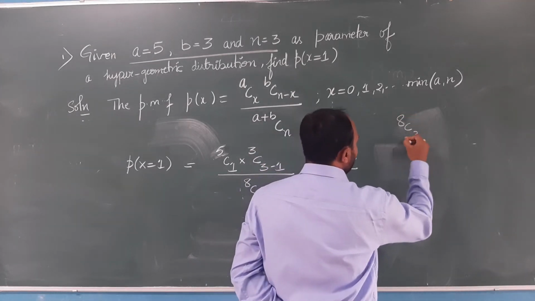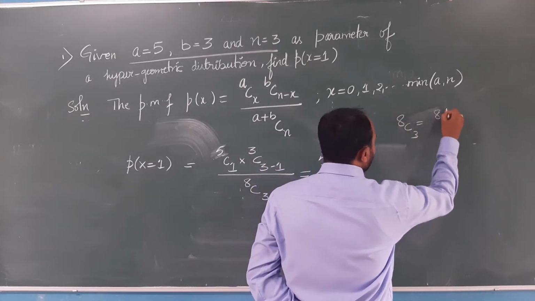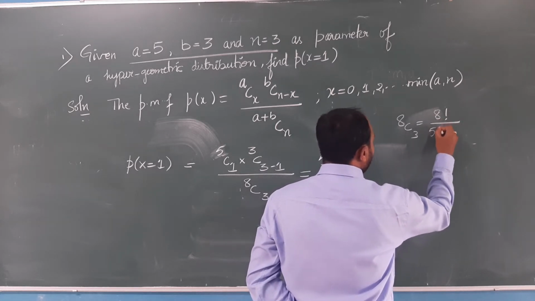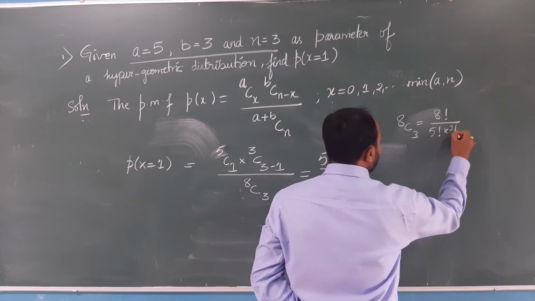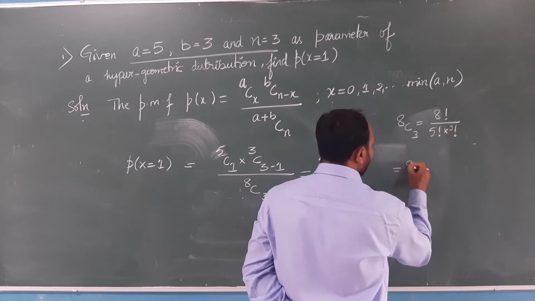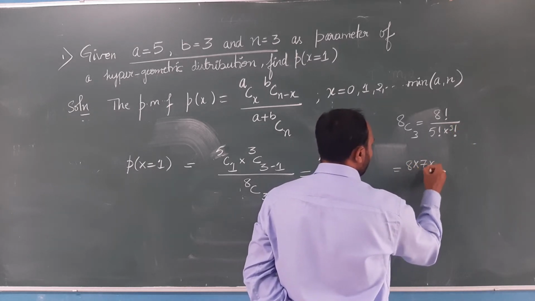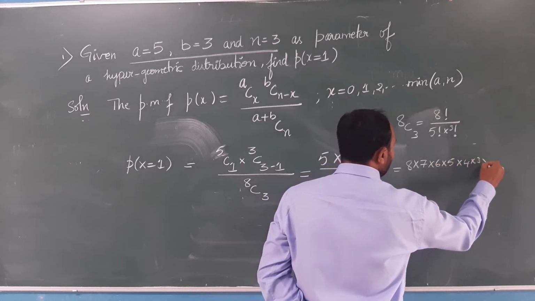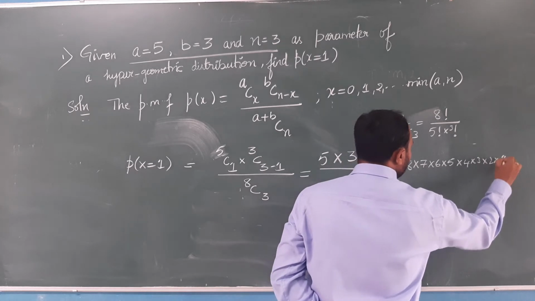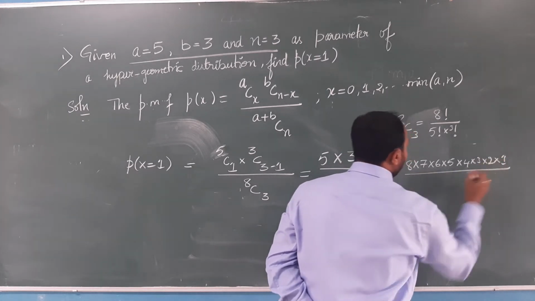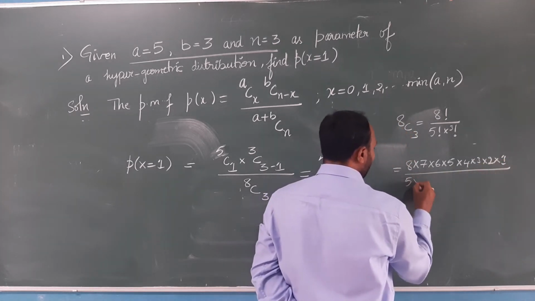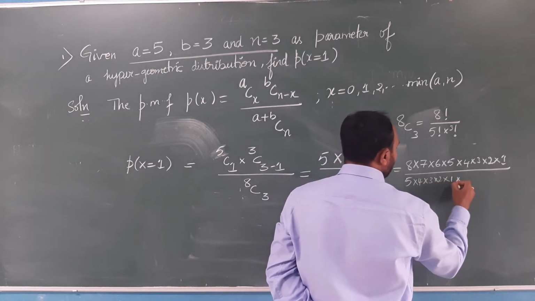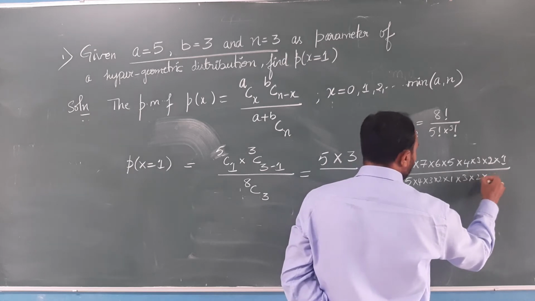8C3 is 8 factorial divided by (8−3) factorial, which is 5 factorial into 3 factorial. So 8 factorial is 8 into 7 into 6 into 5 into 4 into 3 into 2 into 1, divided by 5 into 4 into 3 into 2 into 1 into 3 into 2 into 1.